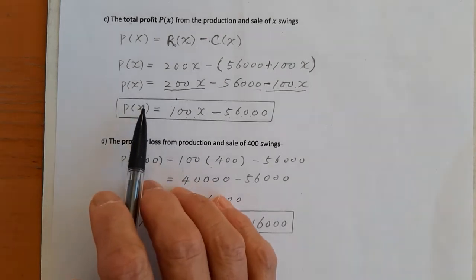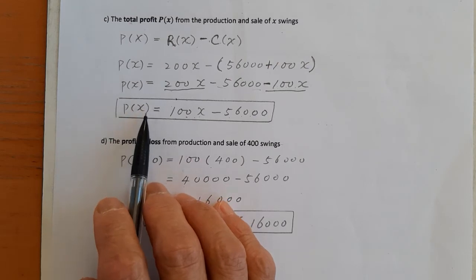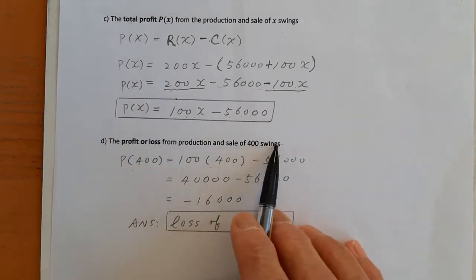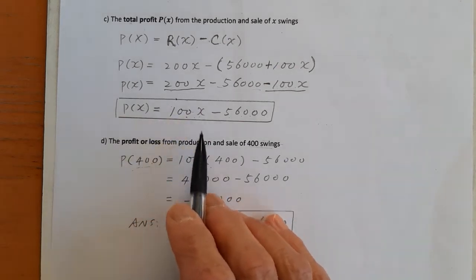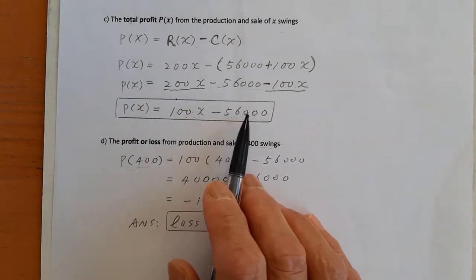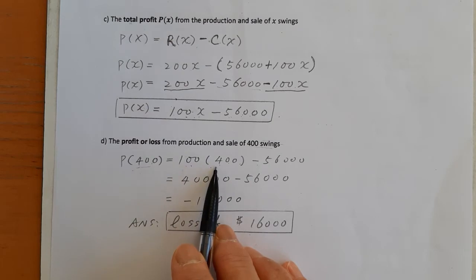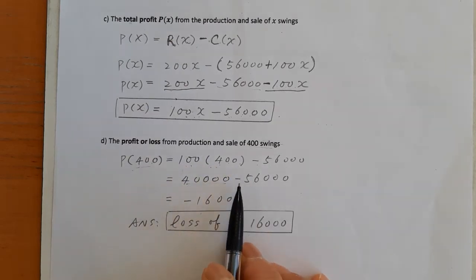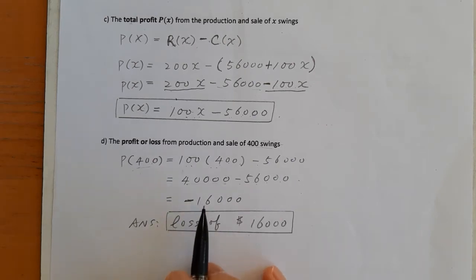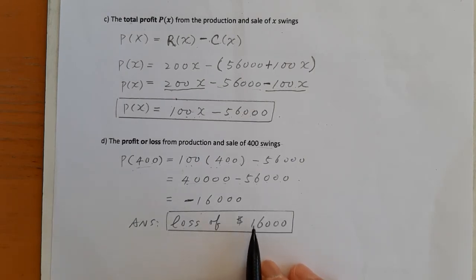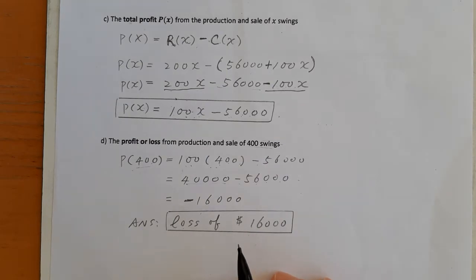So you plug into the total profit function, P of 400, using x equals 400. So it equals 100 times 400 minus 56,000. 100 times 400 is 40,000, minus 56,000. You get negative $16,000. That means you have a loss of $16,000.